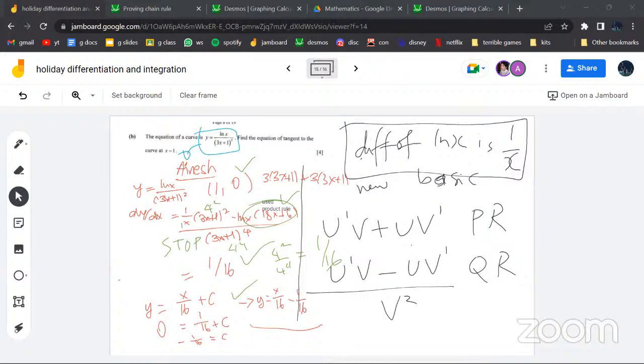However, I'm a little bit disappointed, because ln 1 equals 0 is something that should have been brought forward from the log stuff. I just didn't think of it. Correct. If you think of it, it does make your life easier.